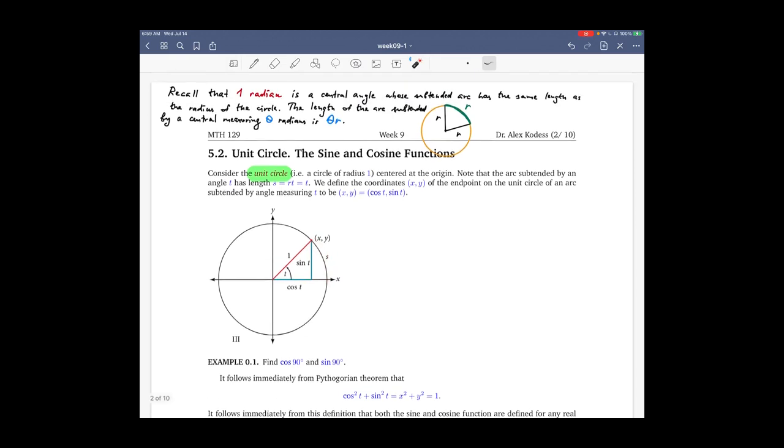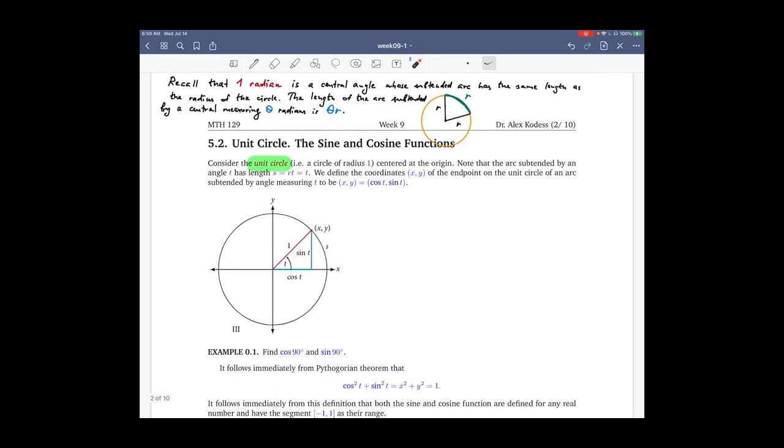Well, as we just said, the length of the arc subtended by an angle measuring theta, or t in our situation, is angle times radius. But radius is 1, so because this angle is t, the length of the arc subtended by this angle along the unit circle is also t.